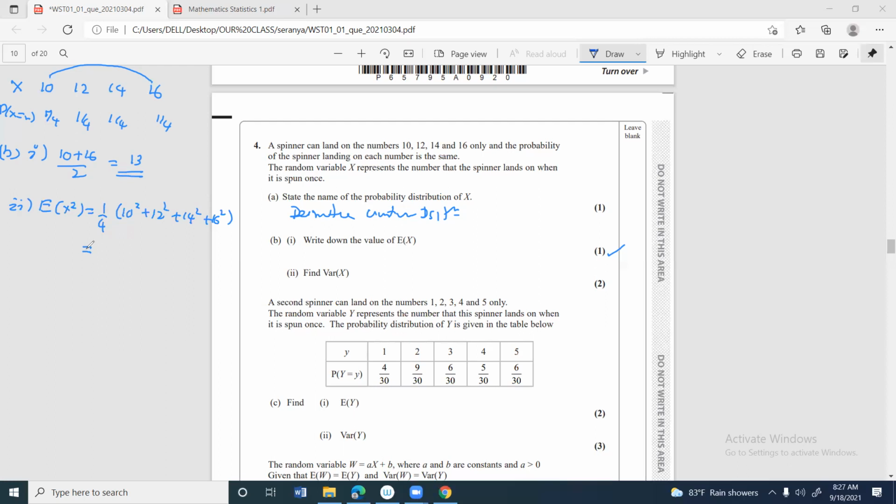If you want, you can write it as usual and get it. E(X squared) turns out to be 174.